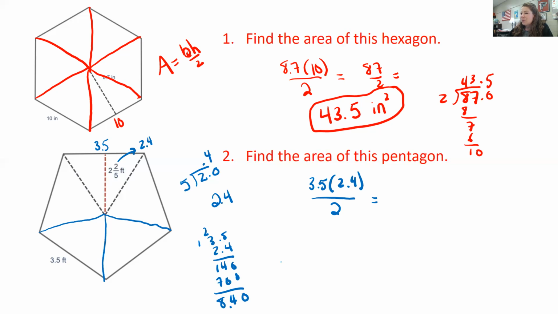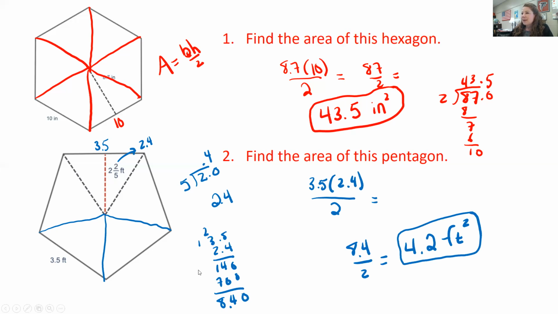So I get 8.4, and now I'm going to half 8.4. Those are both even, so half of 8 is 4, and half of 4 is 2. So the area is 4.2 feet squared, or you could say 4 2/10, or 4 1/5. Those are all equal, right? All right, did you guys get the same? I hope you did.